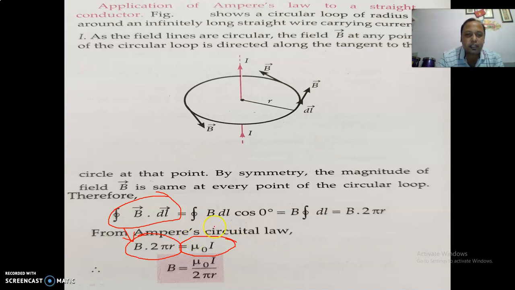From this, we get the value of the magnetic field B, which is equal to mu naught by 2 pi, I by r, or we can write it in the form mu naught by 4 pi, 2 I by r. This is the same relation which we derived earlier. So by using Ampere's Circuital Law, we can derive the magnetic field at a distance r from a straight current carrying conductor.